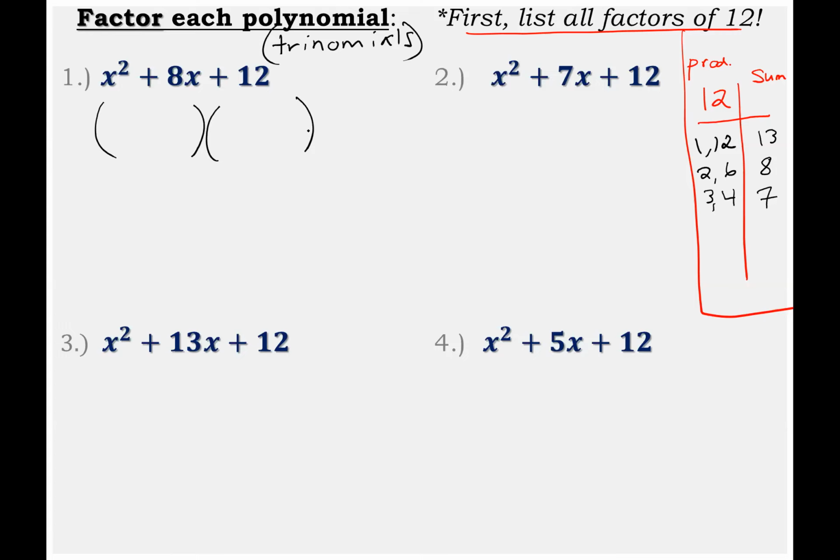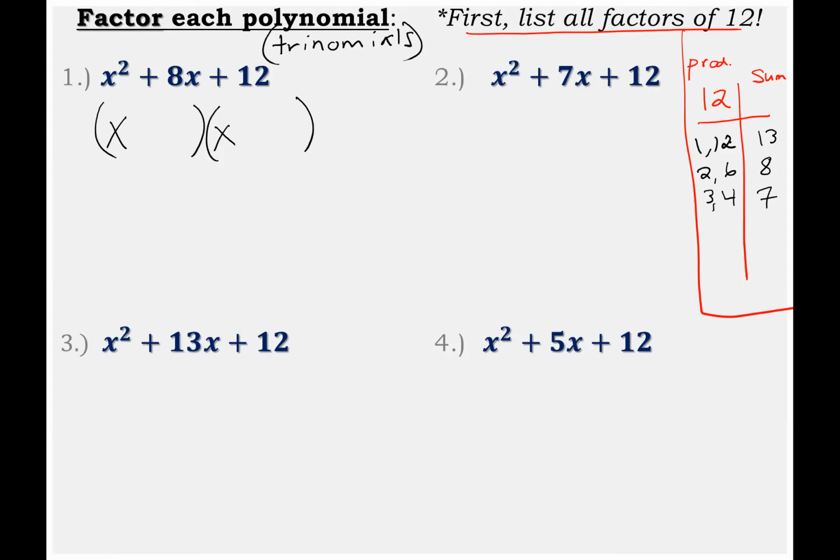Because each one starts with x squared, I'll put x times x for my first terms, imagining that I'm FOILing or distributing. My outside and inside terms need to have a sum of this middle term. They need to add up to 8x. And then my last 2 terms need to multiply to 12.